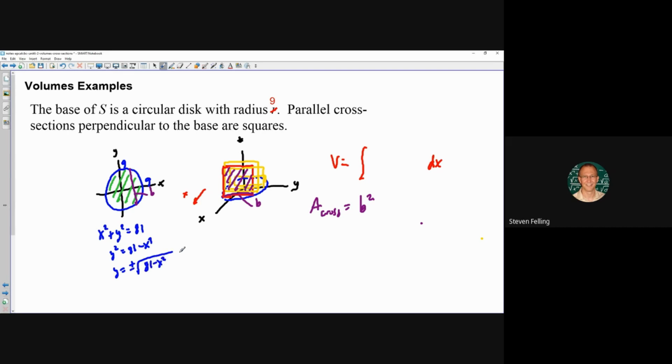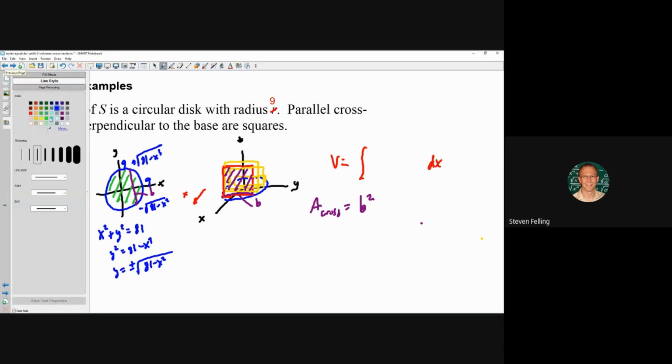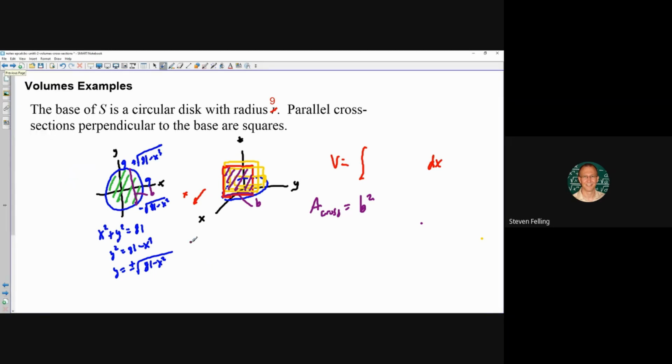All right, perfect. Now, there's a plus and a minus here. So this top number here, this one would be the plus square root of 81 minus x squared. And on the bottom here, we would have the negative one, negative square root of 81 minus x squared. So B, let me switch colors back to the B color here. The B is going to be the difference between those two, top minus bottom.